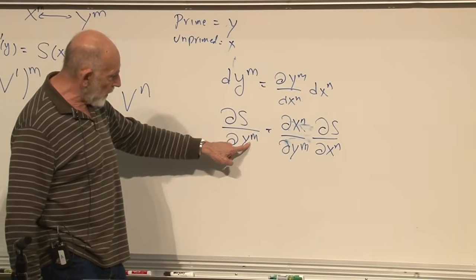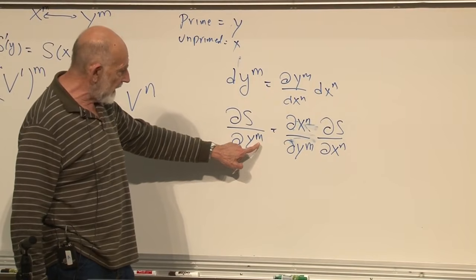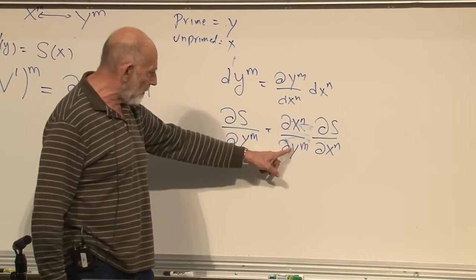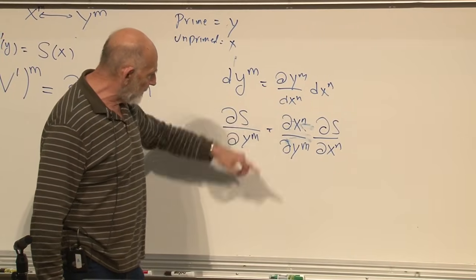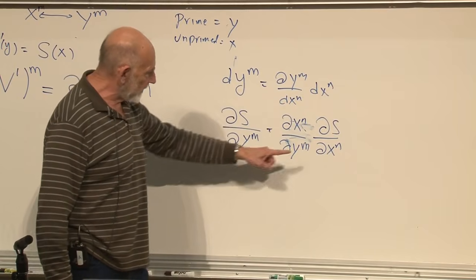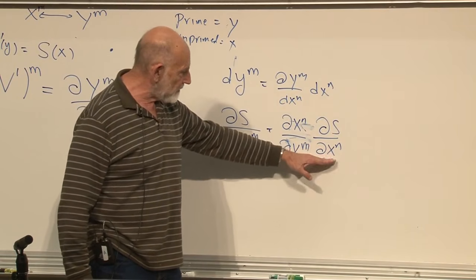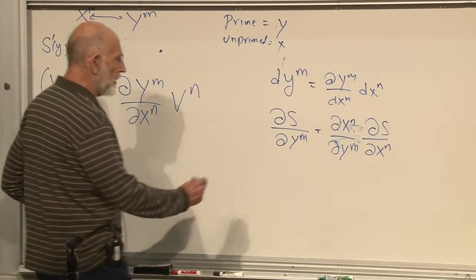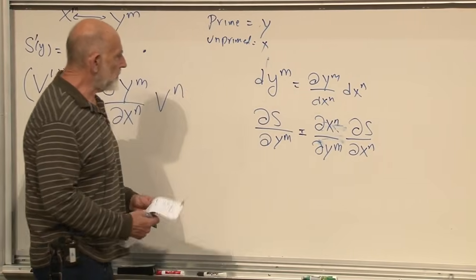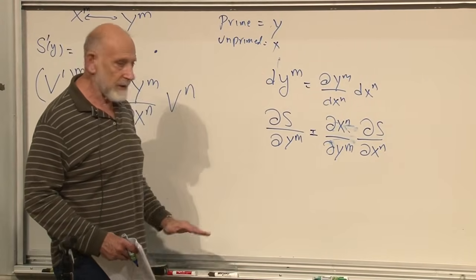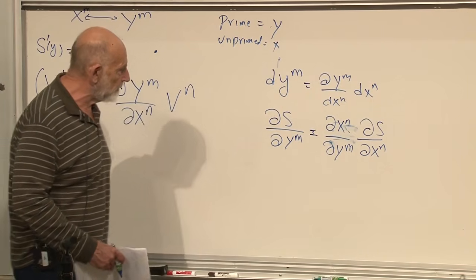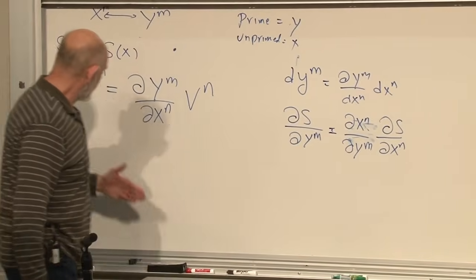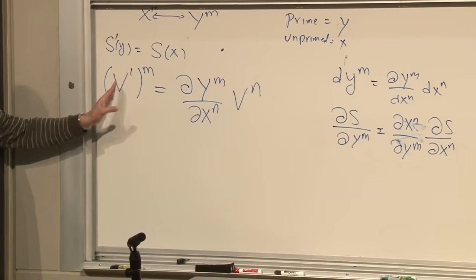Likewise here. Here we have a lower index corresponding to y, the index m. On the right-hand side, I have something below the fraction bar also, dy^m. And then above the fraction bar, I have dx^n, but that's compensated for by another dx^n downstairs here, and again the ds. So the notation pretty much carries you along. This is the standard form for the transformation property of contravariant components. This is the standard form for transformation properties of covariant. And here's an example of contravariant.